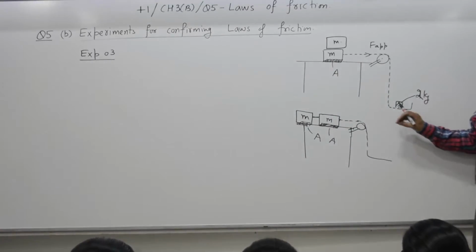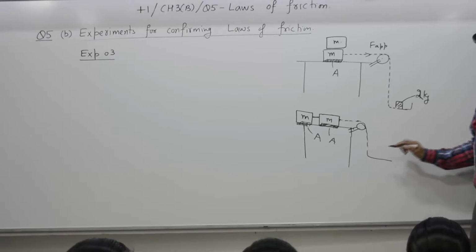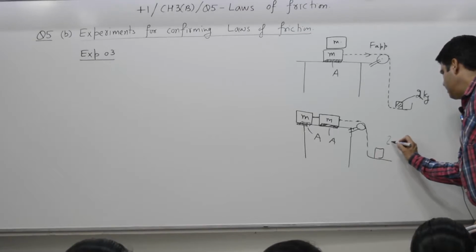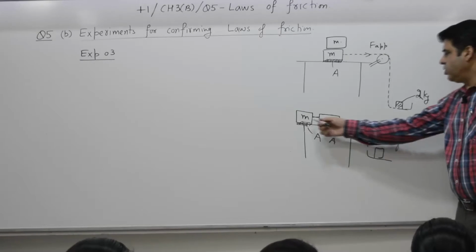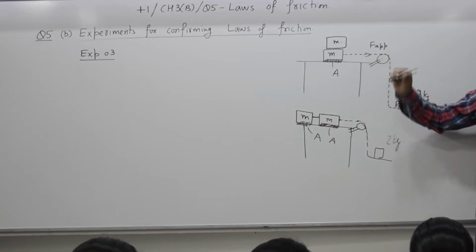Again, we add weight. Half kg, no movement. 1 kg, no movement. 1.5 kg, no movement. 2 kg, yes. When this is 2 kg, the object just starts moving. That means the same result as in the previous case.